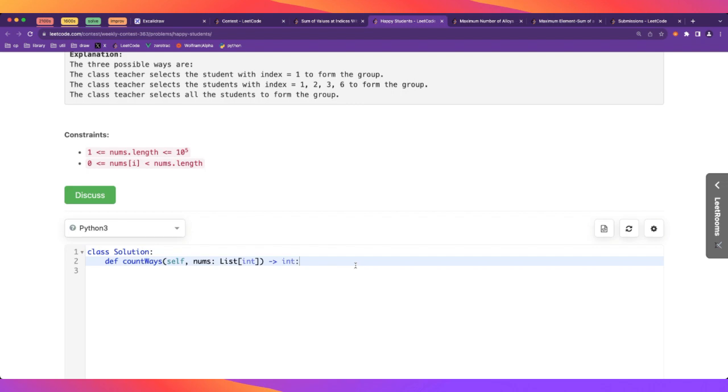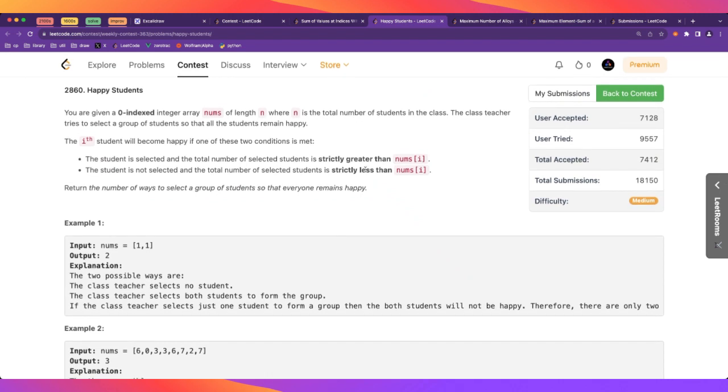So how can we do that quickly? We want to know if we are going to select K students, we want to know if the K first are less than K.